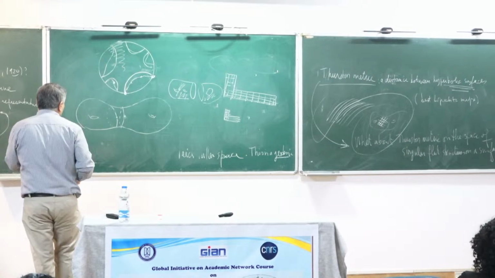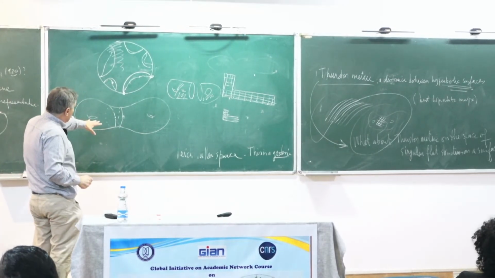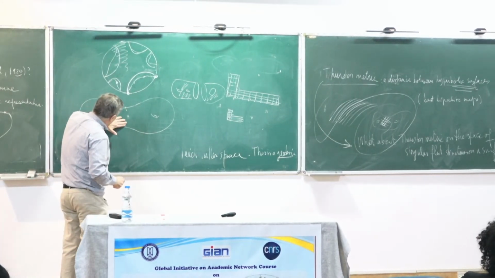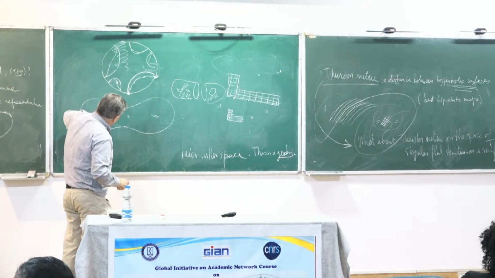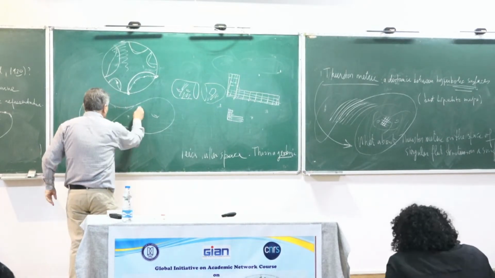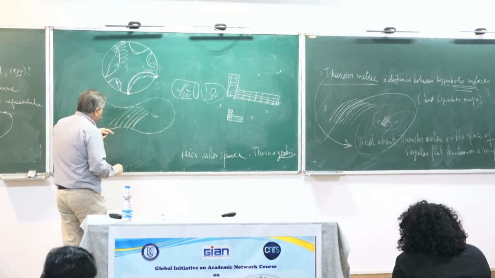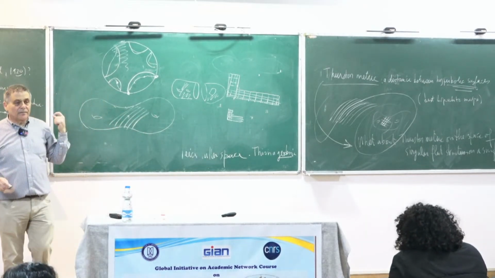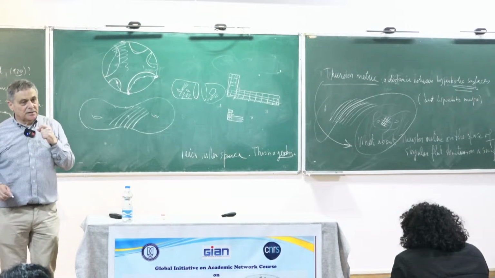Anyway, now you do the same thing which I did here. Instead of doing it for closed curves, you will do it for the curves which are leaves of a measured foliation.